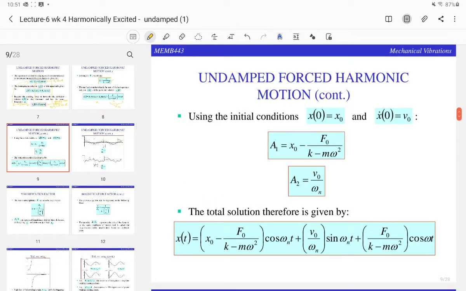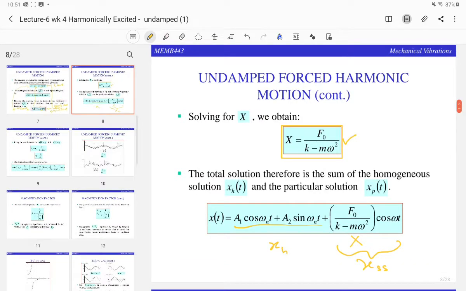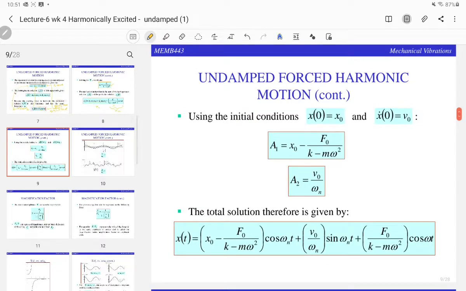Using initial conditions, x naught and x dot naught, you can also solve for your A1 and A2, and substitute back into the formula. So this is part of your homogeneous solution, and this is your particular solution or steady state solution.